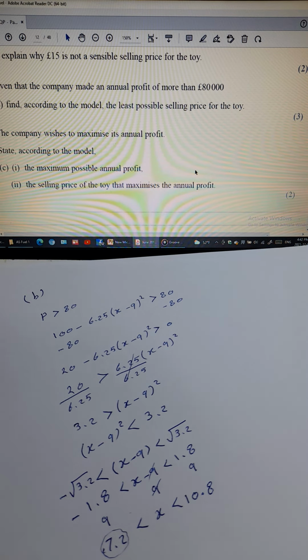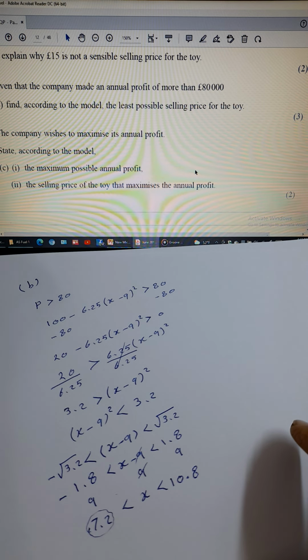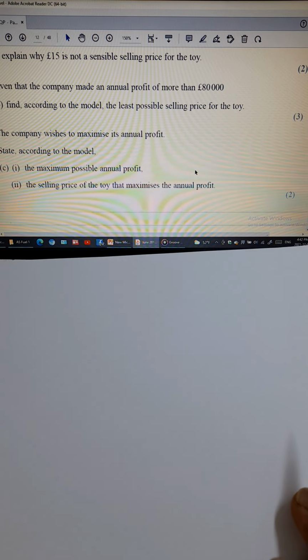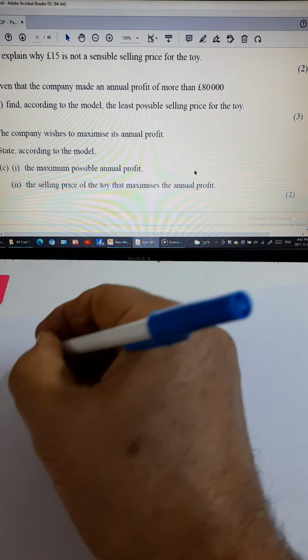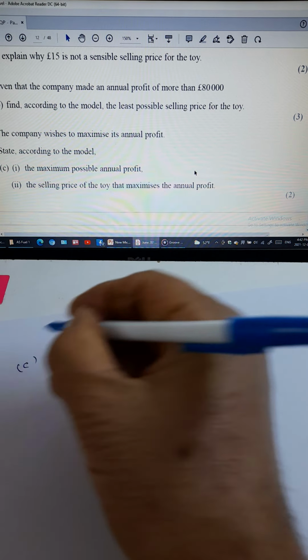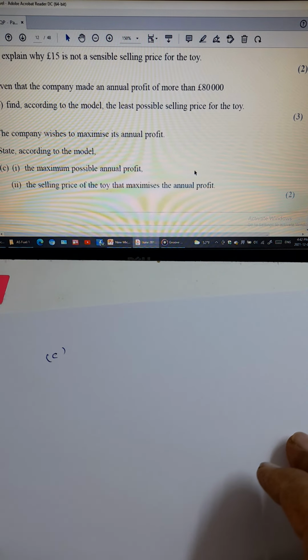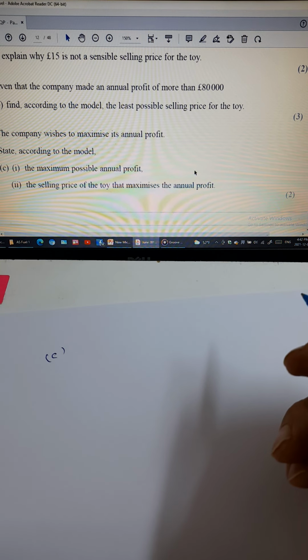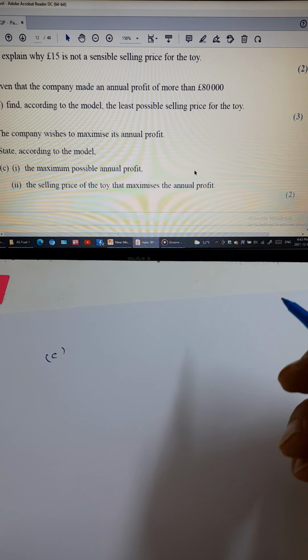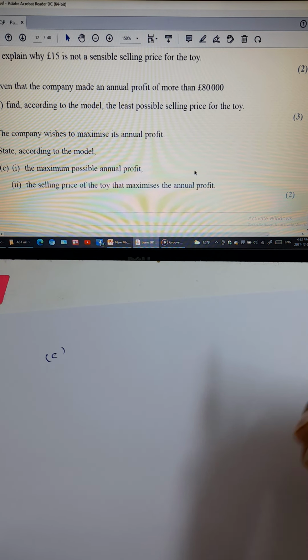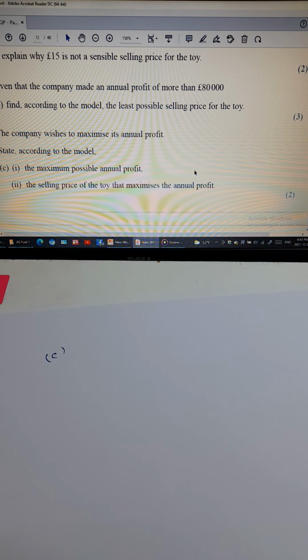Now part C. The company wishes to maximize its annual profit. State, according to the model, (i) the maximum possible annual profit.